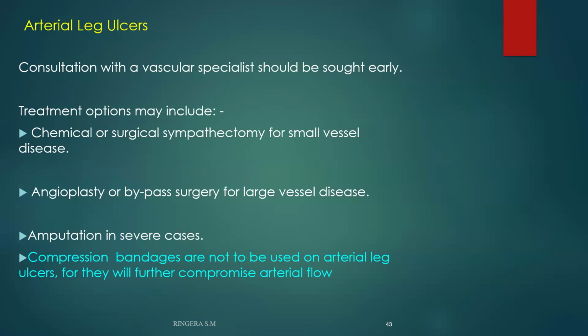And of course, some of them have ended up with amputation, like for those who have very severe disease which has progressed to later stages, where you may not be able to save the limb.